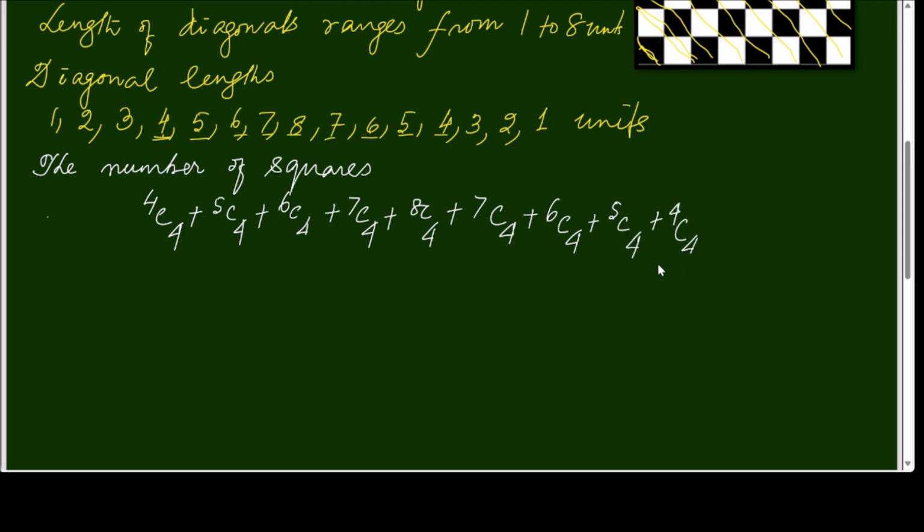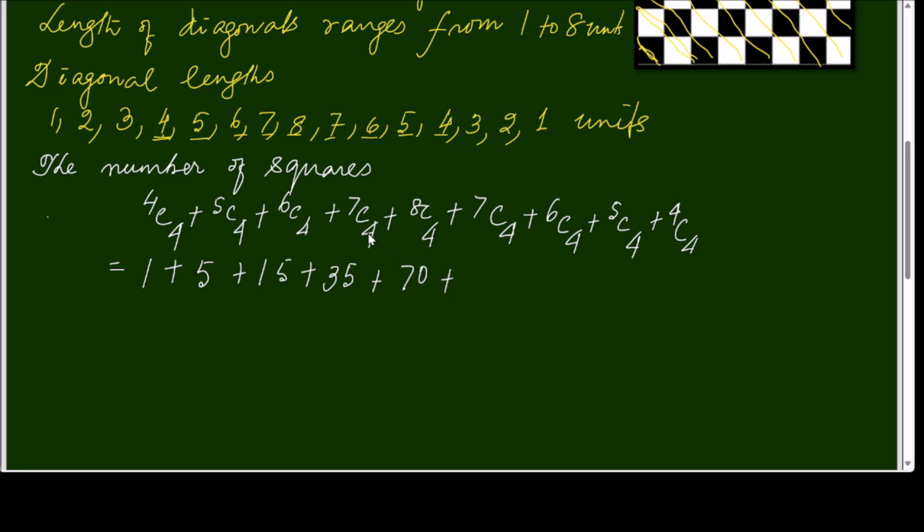Now it is easy for calculation. 4C4 is 1. nCn is 1. 5C4, nC(n minus 1), is 5. 6C4 you will calculate as 15. Then 7C4 equals 35. 8C4 is 70.